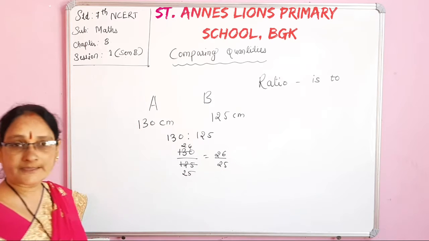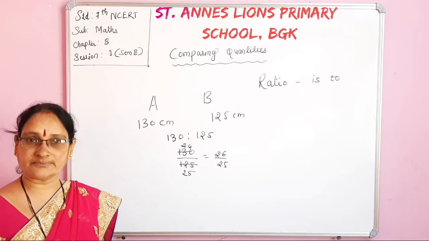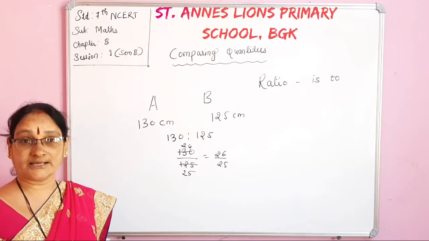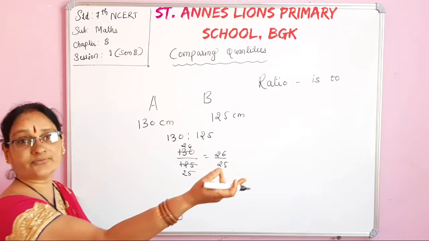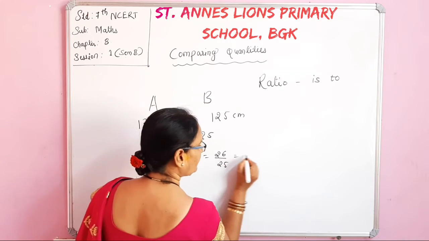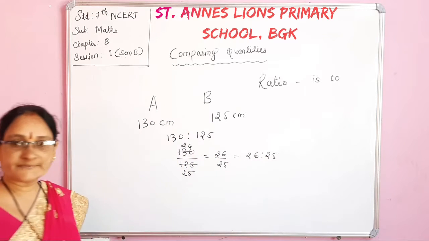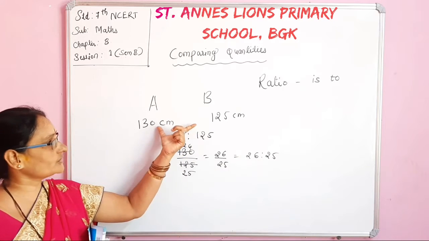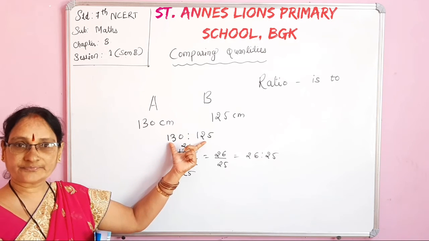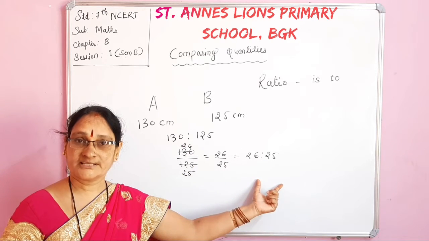See here, if ratios can be written in the form of fractions, then vice versa, fractions can be written in the form of ratio. So this is equal to 26 is to 25. This is what? Ratio, always ratio. The given ratio is written in the simplest form.